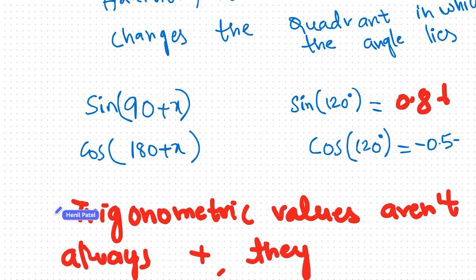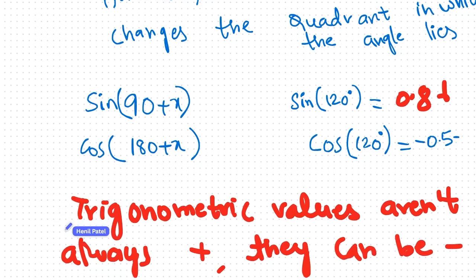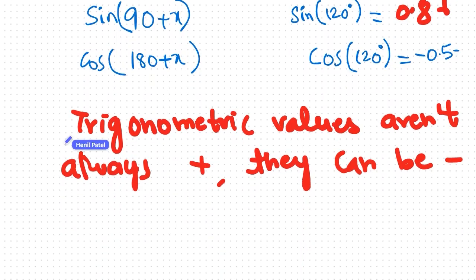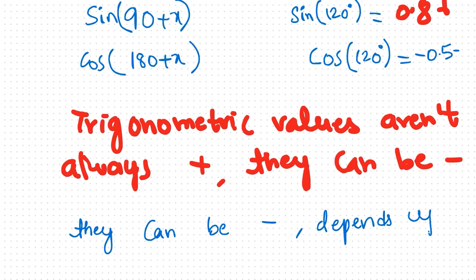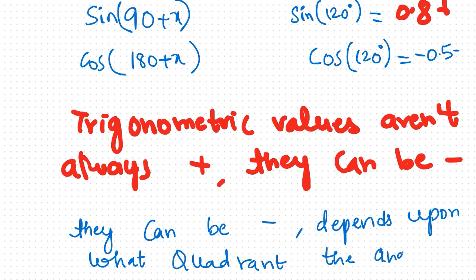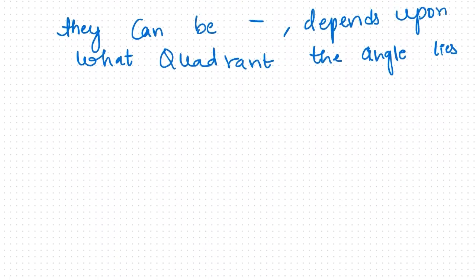They can be negative, but it depends upon the angle's quadrant, upon what quadrant the angle lies in. So it's important to study whether it is 90 plus 30 degrees or 90 minus 30 degrees. How to do that? I'll tell you.